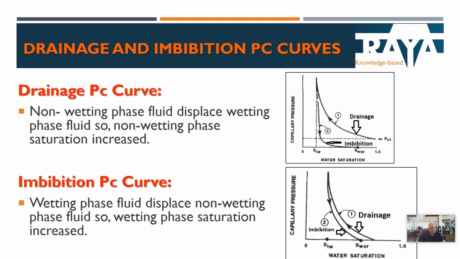But opposite to drainage, in imbibition the wetting phase fluid displaces the non-wetting phase fluid, so wetting phase saturation increases. That's why the production performance of water-wet rocks is better than oil-wet rocks.